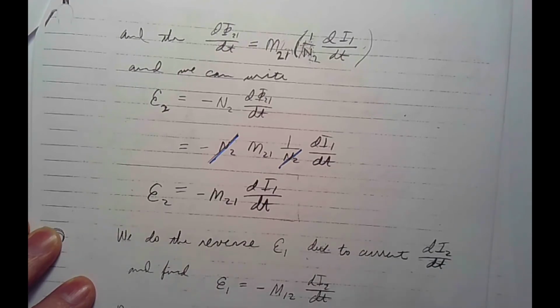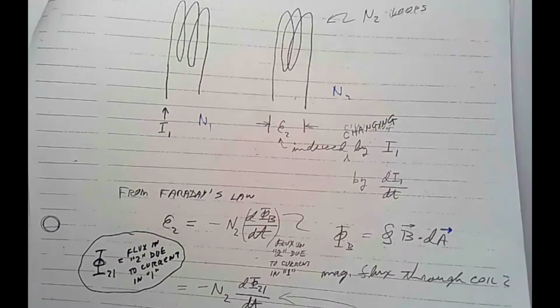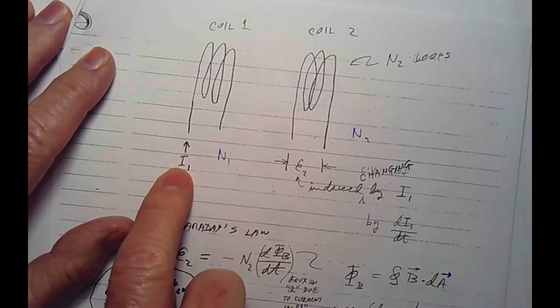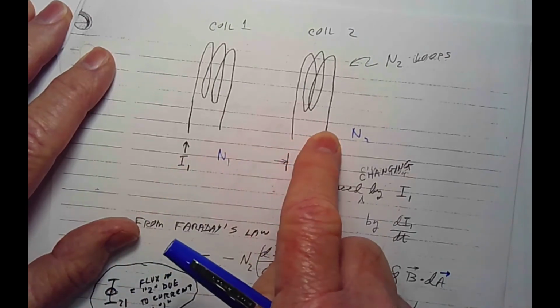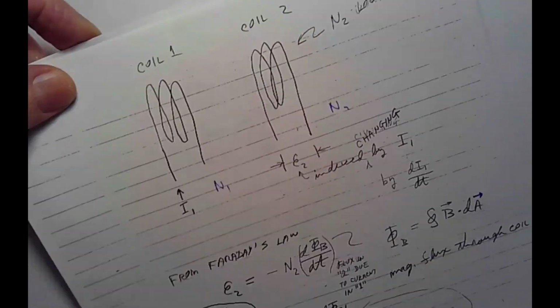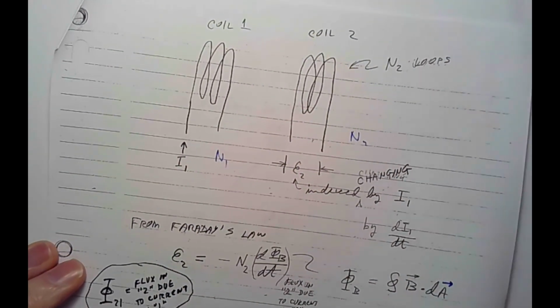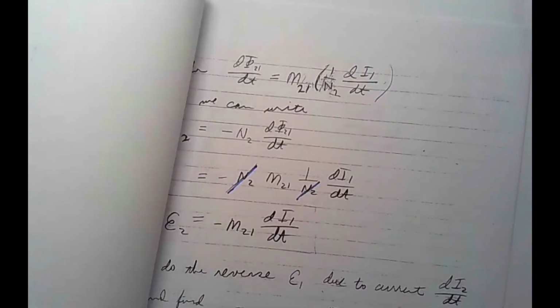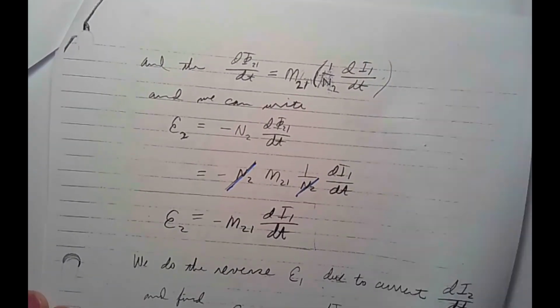Now do this all over again, except instead of going with the current here and measuring an EMF here, turn this around, or flip this within your mind, and do it for the other direction.